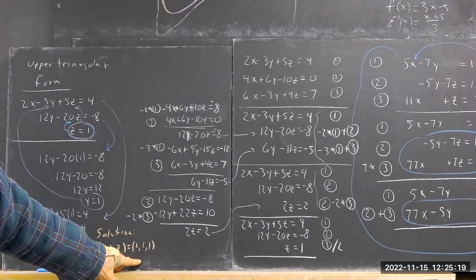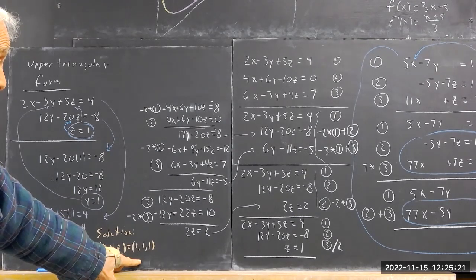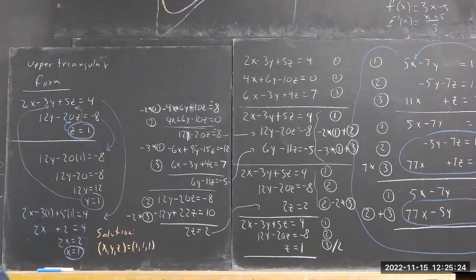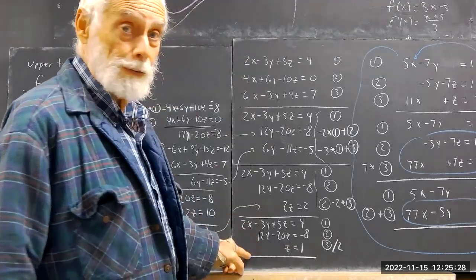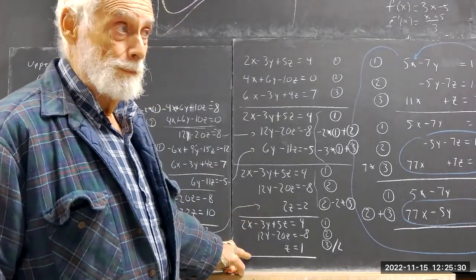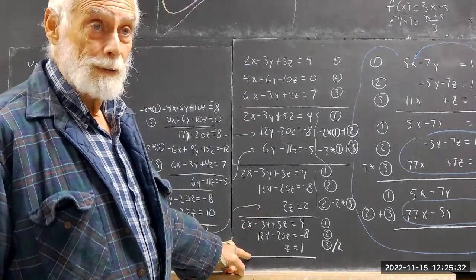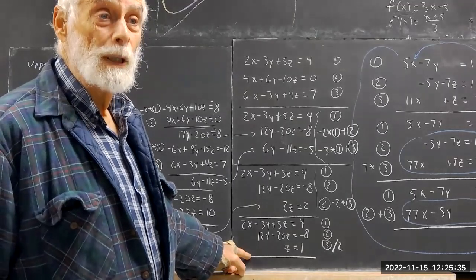And you might be asked to do that. The thing I want to stress is your solutions should look like this, because next time we're going to put these into matrices.